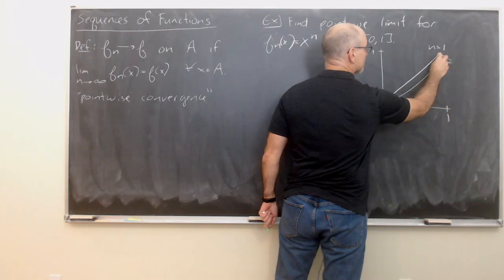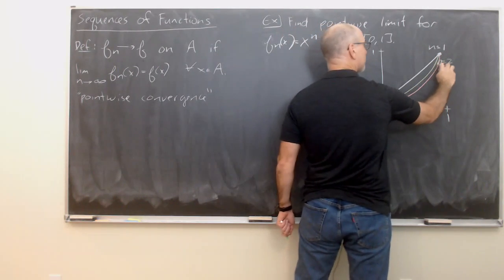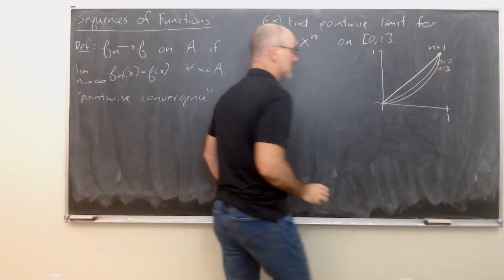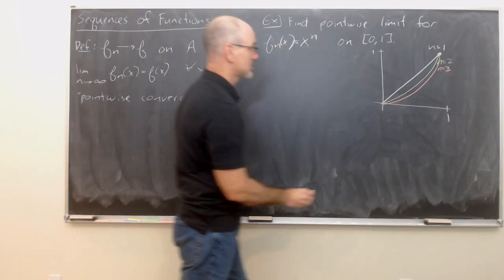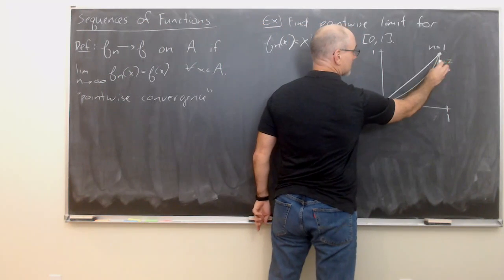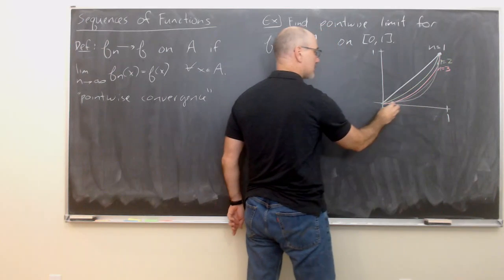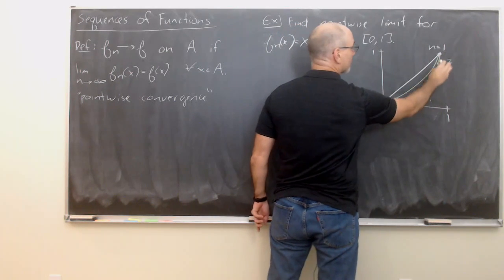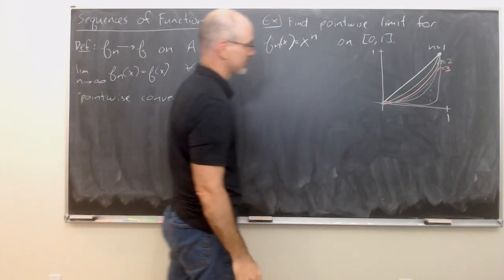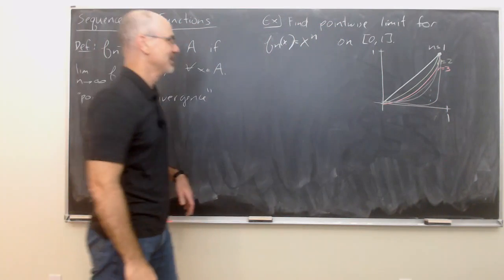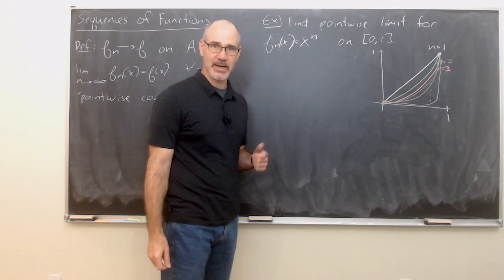So that would look something like this. And so what we see happening is as n increases, this curve becomes more and more pronounced until finally it looks almost vertical, right? That's not a great curve at the end. It looks almost vertical when you get near 1, but everything else is flattening out at 0.